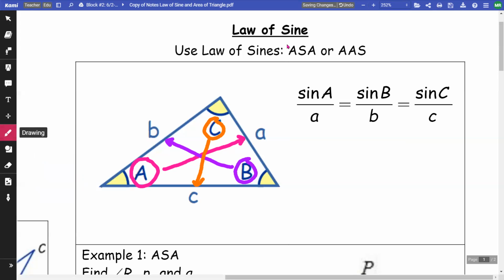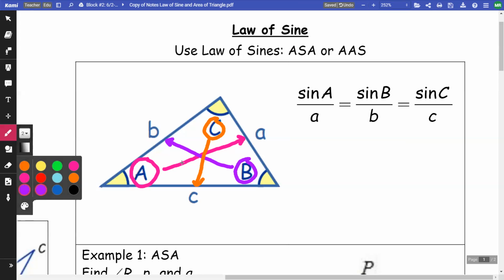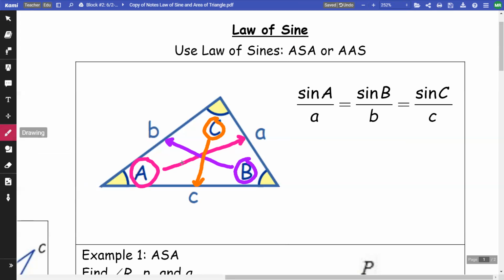Now, what needs to happen is you're going to need to know one of these pairs. You either need your angle A and side a, or angle B and side b, or angle C and side c.